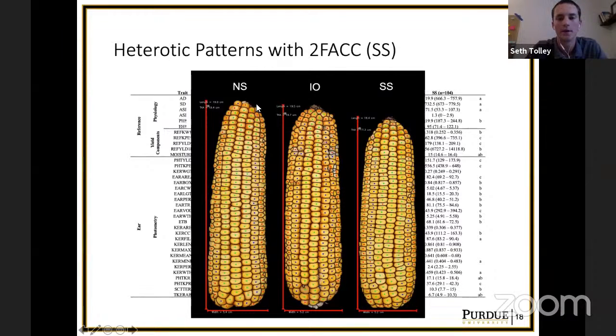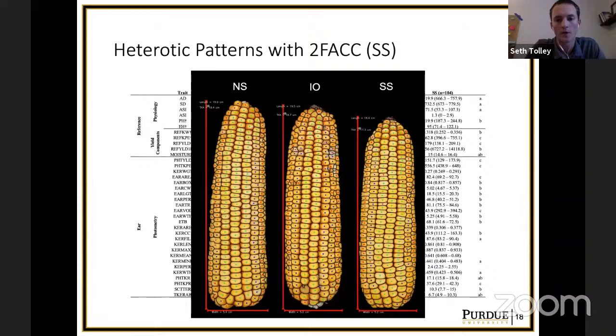An interesting note was that kernels per ear and ear length were also found to show a similar trend to yield, where the non-stiff stalks were the greatest, the stiff stalks were the lowest, and then the Idents were in the middle.